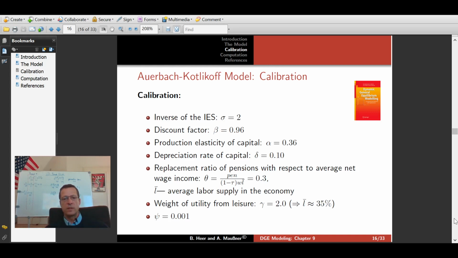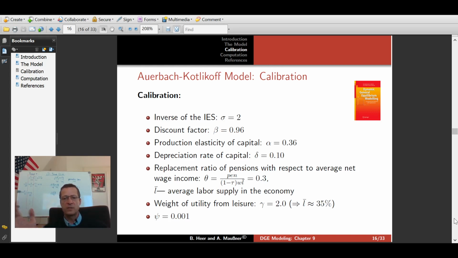And therefore, we set the pension relative to the average net wage income equal to 0.3, and the average net wage income is 1 minus tau times W, the wage rate, times the average labor supply in the economy, L bar. We choose gamma equal to 0.2, that's the weight of leisure in the Cobb-Douglas utility.